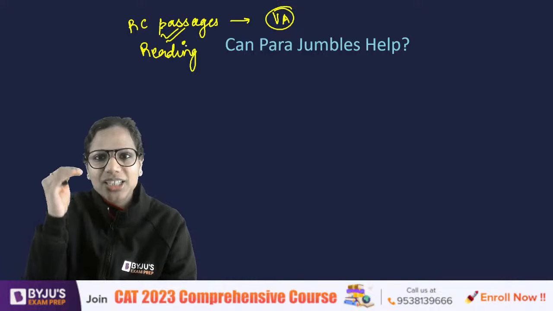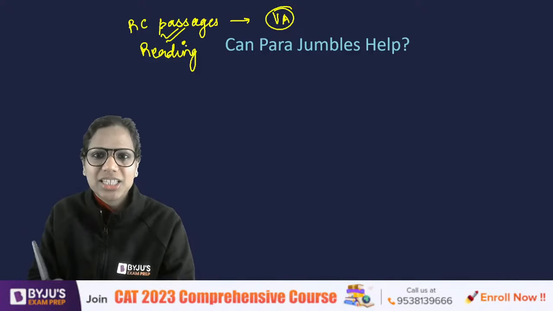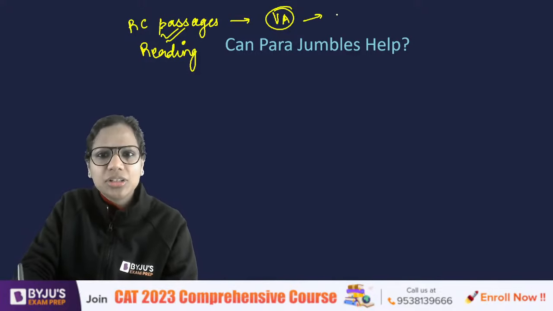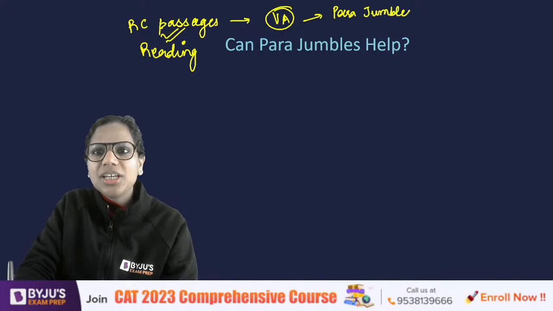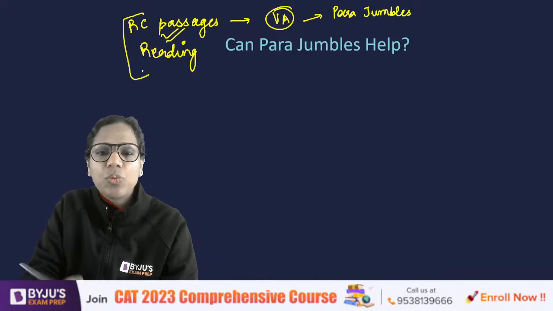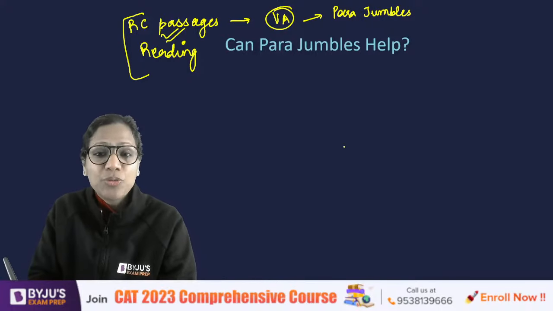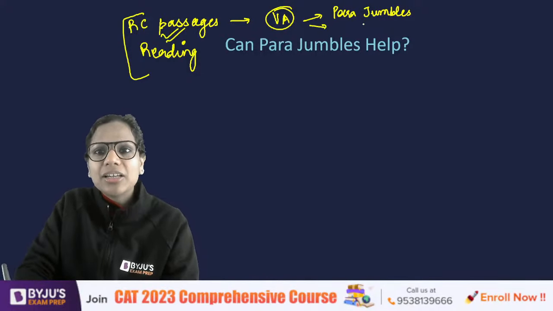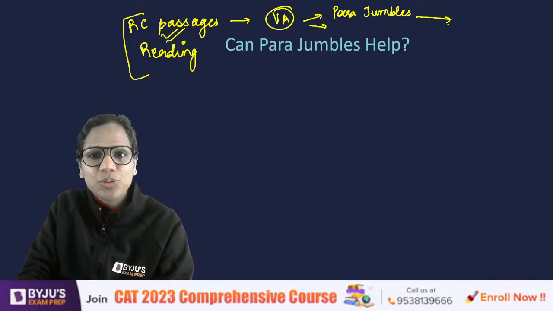You are understanding the structure of paragraphs, the structure of sentences, which is what is questioned in the VA part, parajumbles. It's about arranging sentences. So the more well-read you are, the better you will perform here. Similarly, for para completion, para jumbles will help you.